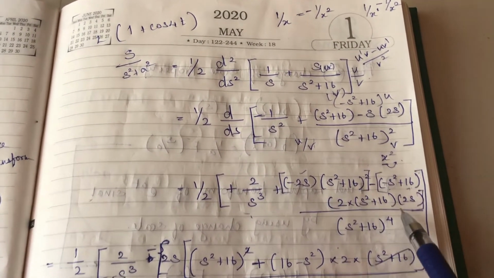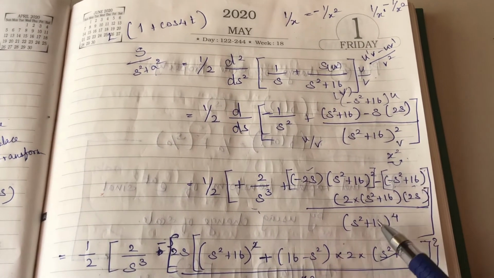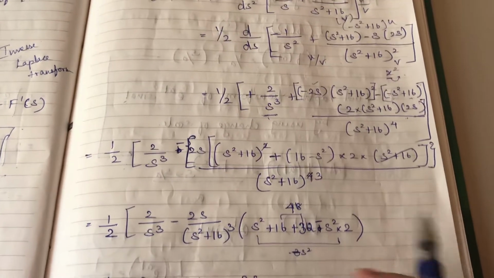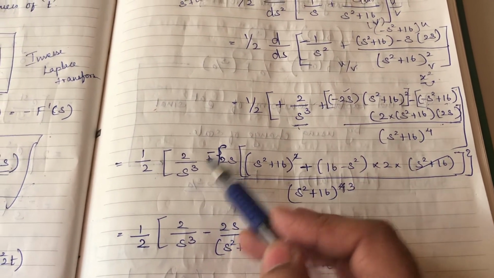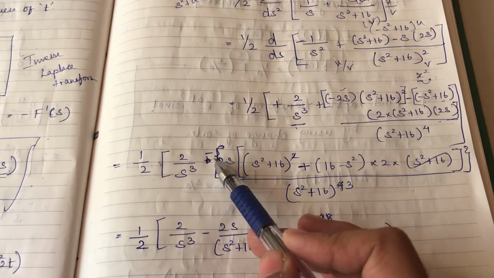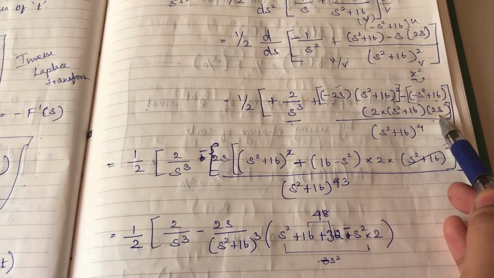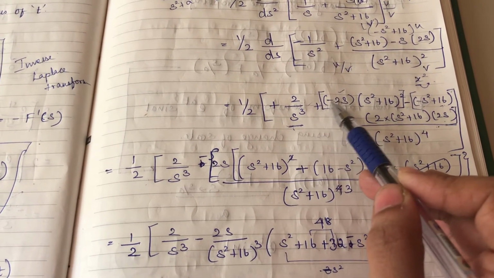Okay. So u dash v minus u v dash. So up to that I have finished. By v square. Already there is a square here. So v square means it will become 4. So after this you can see here half into 2 by 3. 2 by s cube. Right. Minus of. I'm just taking this 2s and this 2s as outside. Okay, and the minus, here is minus, here is 1 minus.